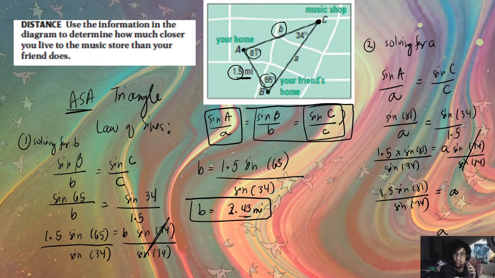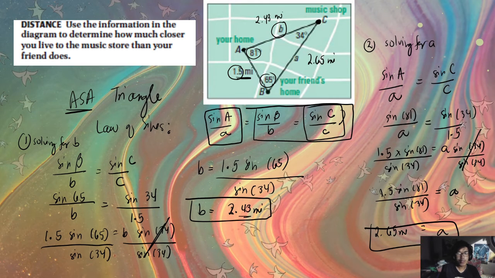The distance from your friend's home to the music shop is 2.65 miles. Not quite much of a difference. The distance from your home to the music shop is 2.43 miles.